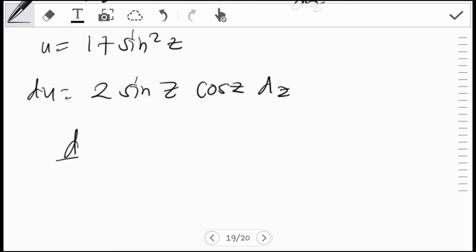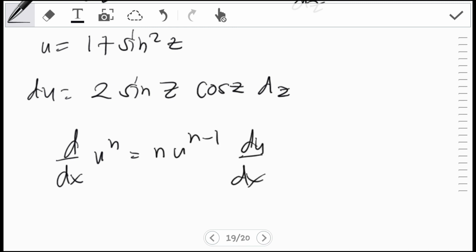Then by applying this formula, d over dx of u to the power n is equal to n u to the n minus 1 du over dx. The problem given is in terms of z, so we can change also into dz.